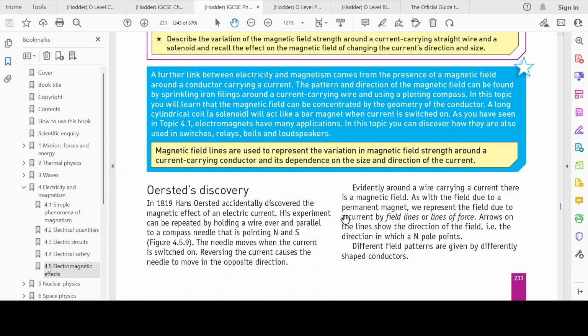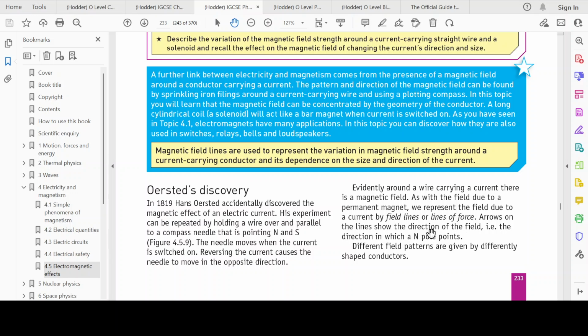As with the field due to a permanent magnet, permanent magnets obviously have a magnetic field around them. We've talked about that. A wire carrying current also has a magnetic field, and just like we did with the permanent magnets, we represent the magnetic field with field lines or lines of force. The arrows on the lines show the direction of the field, and the direction in which a north pole would move, so obviously it goes north to south.